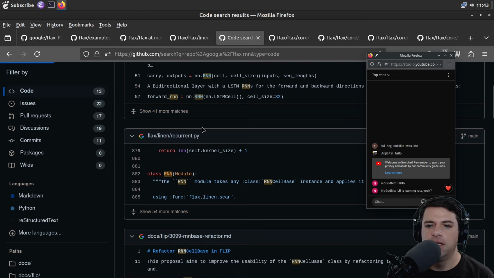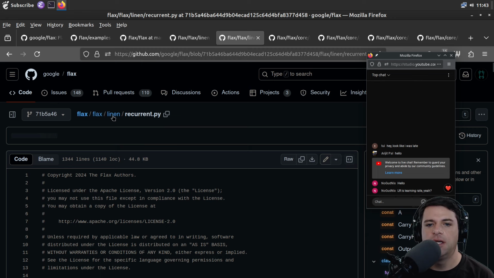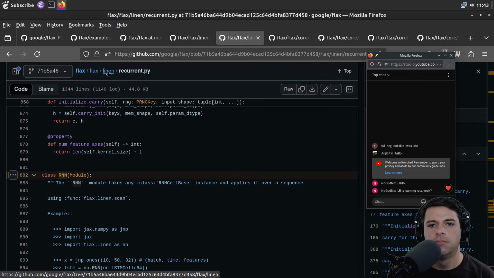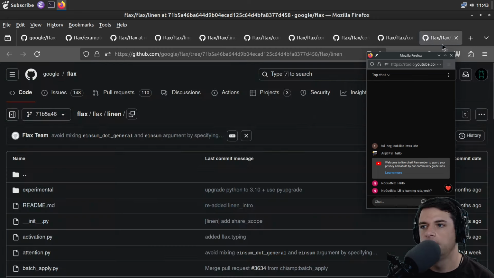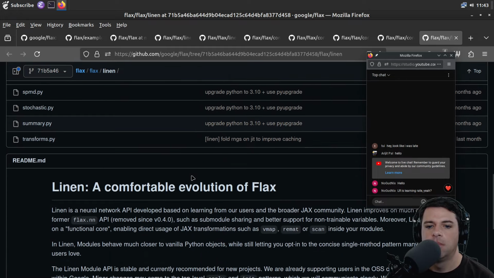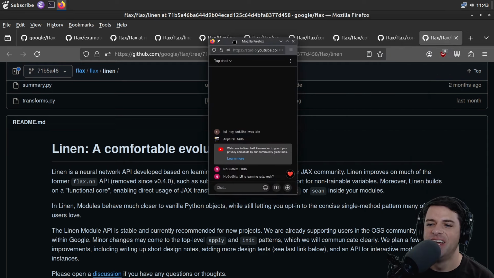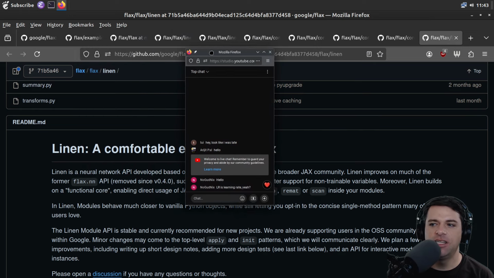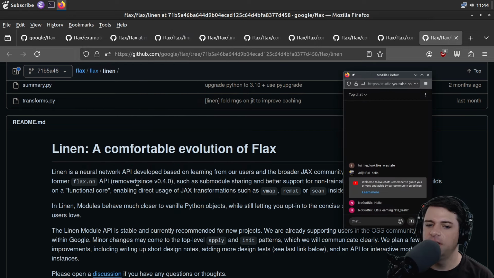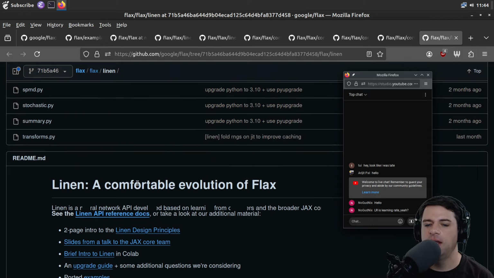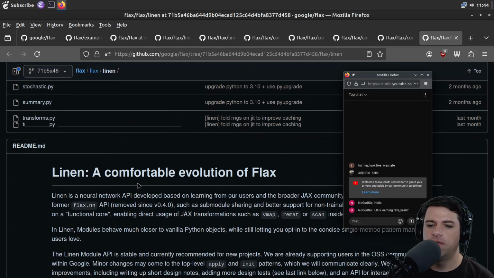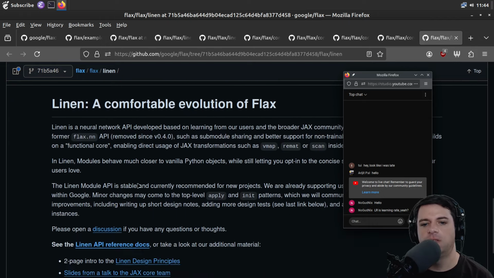So we have Flax Linen. I guess Linen is not about linting. Linen, a comfortable evolution of Flax. Linen is a neural network API based on learning from our users and the broader JAX community. Okay, so this is maybe the second round, but then they're also doing NNX now. Maybe they might be struggling a little bit to get adoption.